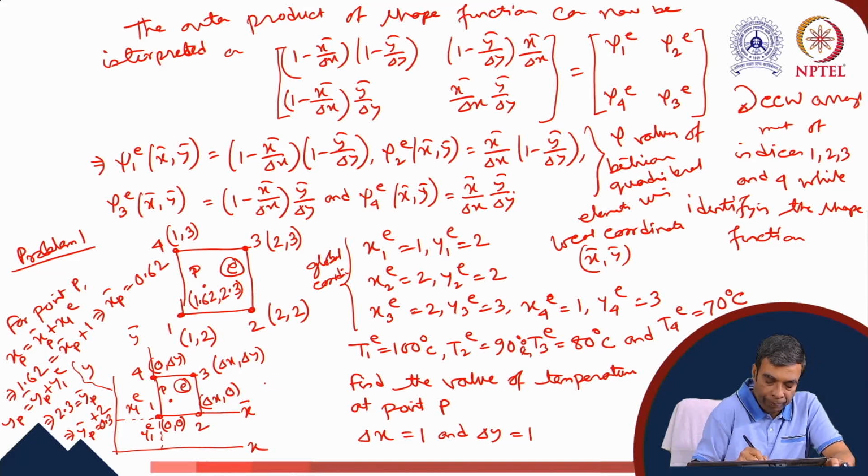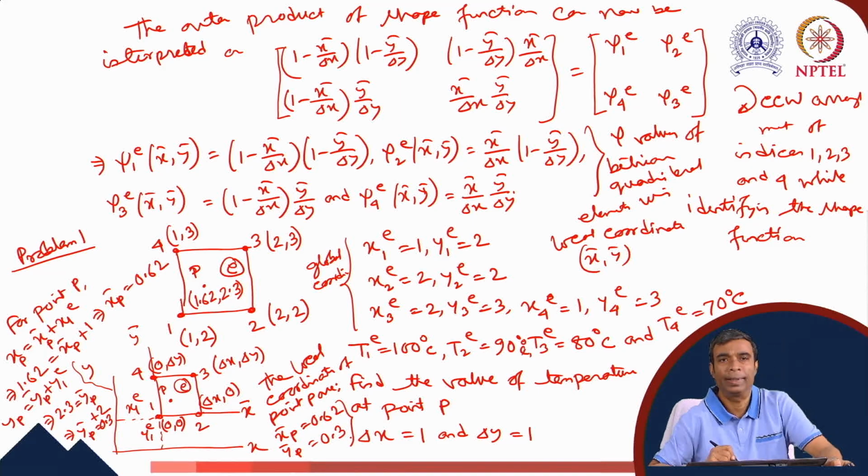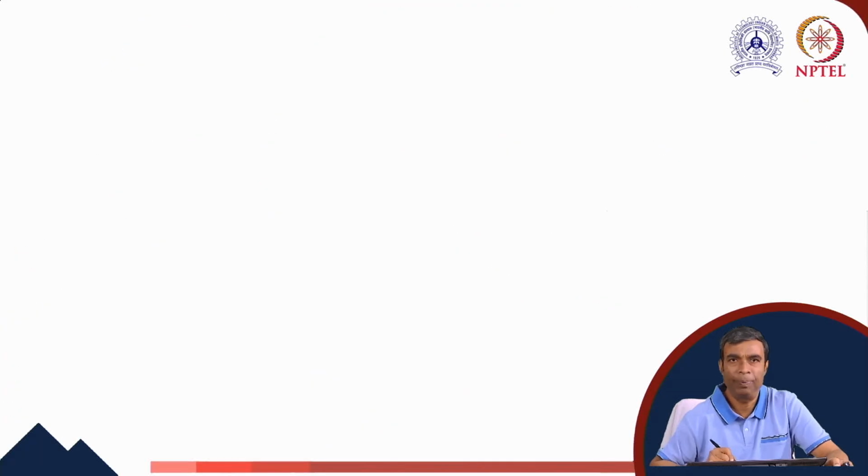Therefore the local coordinates of point P are x bar P equals 0.62, y bar P equals 0.3. So now we have the data for calculating the temperature at this point P.